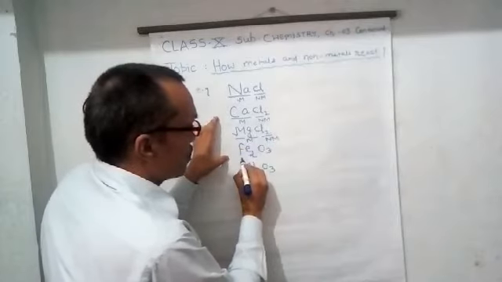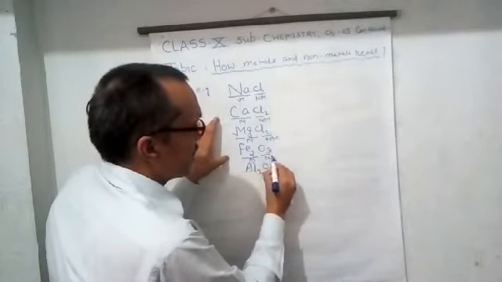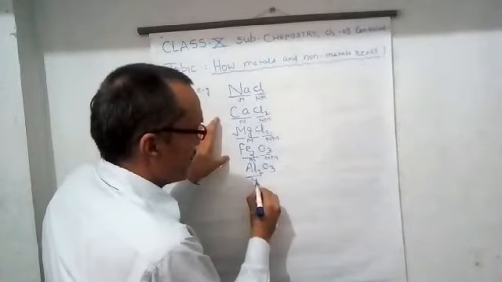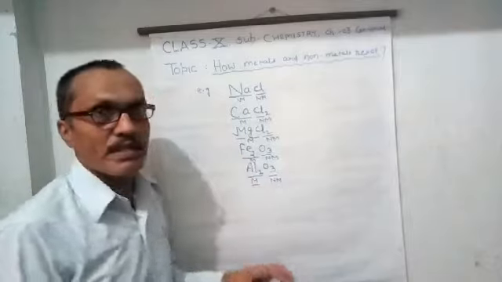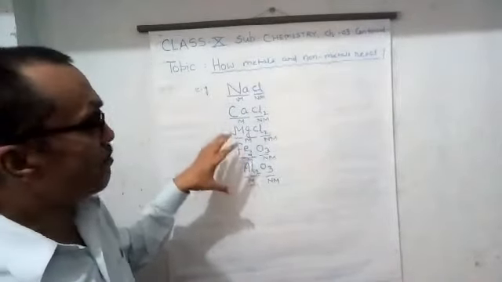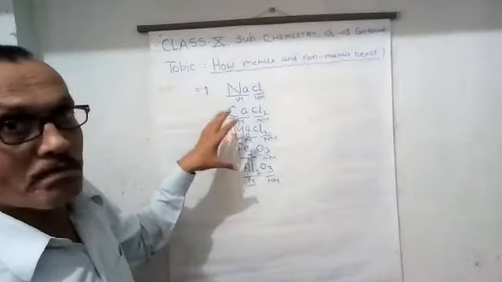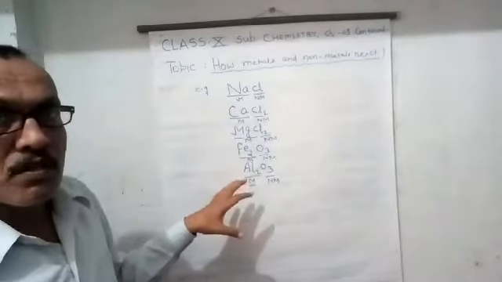In Fe2O3, Fe is a metal and oxygen is a non-metal, and aluminium is also a metal and oxygen is also a non-metal. So these are all examples of compounds made from metal and non-metal, and this is the topic of today.